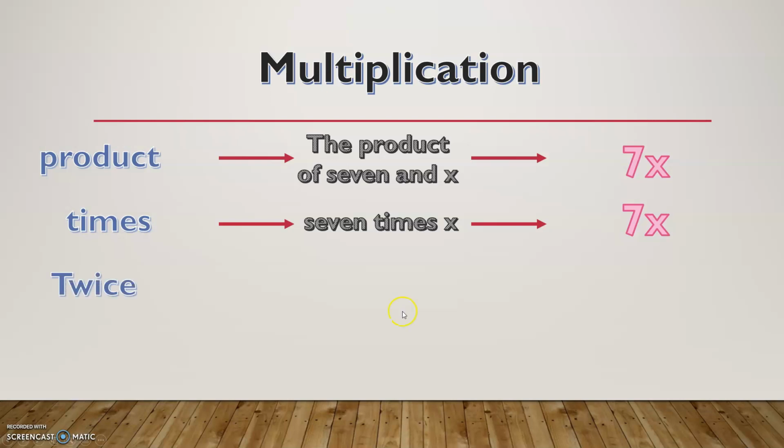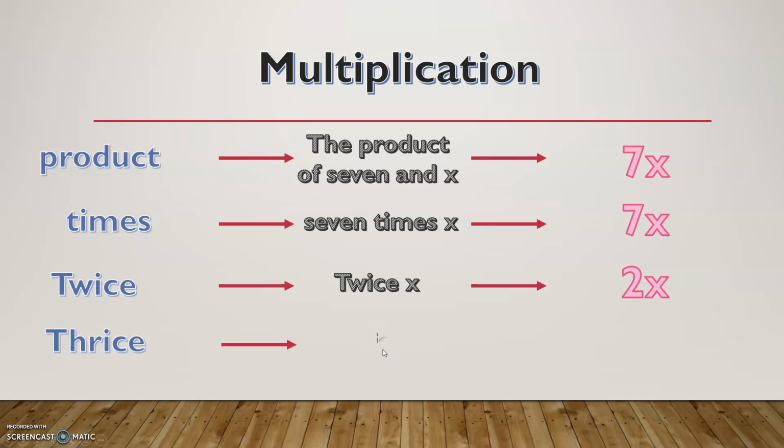Twice. When you say twice, it will be 2 times. So, twice x will be 2x. Okay? And thrice means 3 times. So, thrice x, our answer will be 3x.